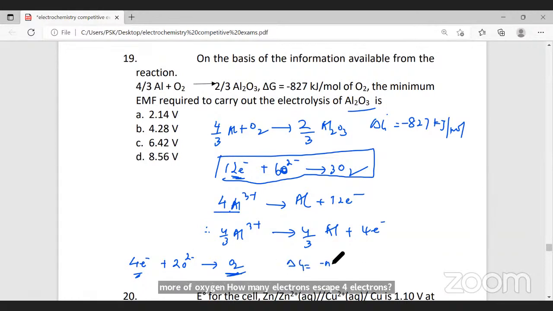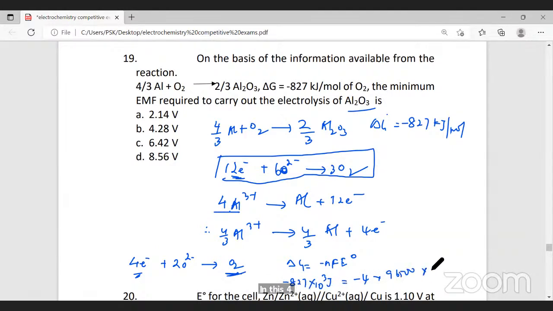Now what is the delta G value? Delta G is minus nFE naught. Delta G value they've given to be minus 827 kilojoules, therefore it's 10 to the power 3 joules. That will be equal to minus 4, n is 4 electrons, F is 96,500, into E naught.